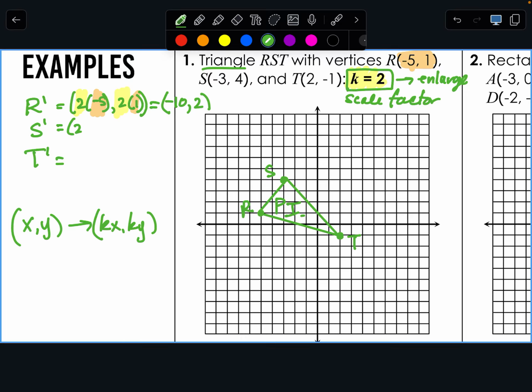So 2 times -3, 2 times 4, that's -6, 8. And then 2 times 2, 2 times -1, that's 4, -2. Those are my new coordinates.